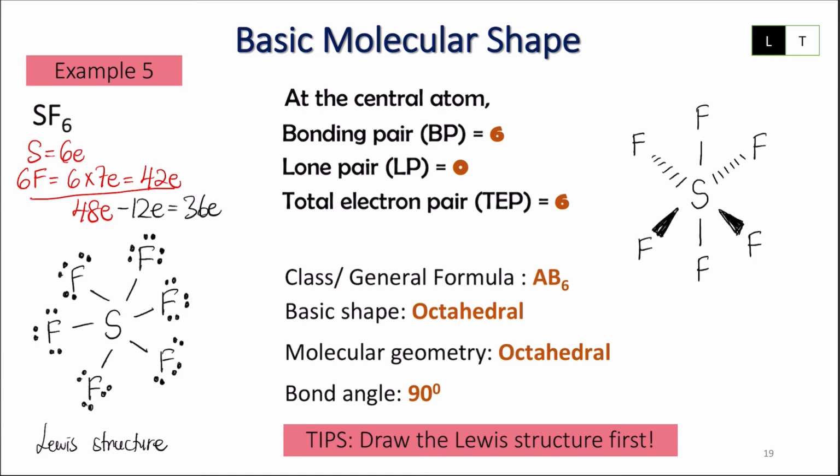Next, don't forget to put the lone pairs around the fluorine. Each of them has 3 lone pairs, just like this drawing. After that, don't forget the last one, you have to label the bond angle. I pick any bonding pair, so I have this one, 90 degree. So this is the molecular geometry for SF6.